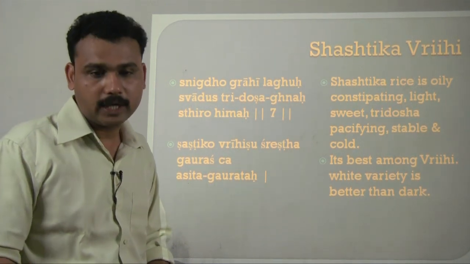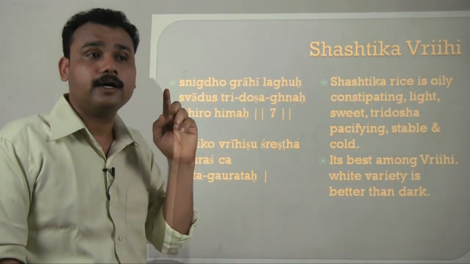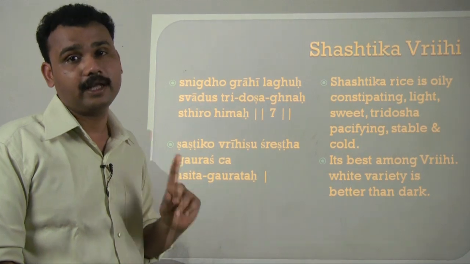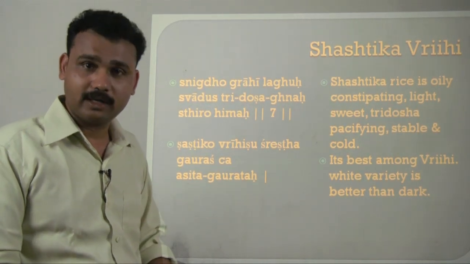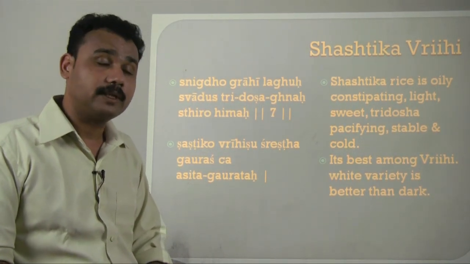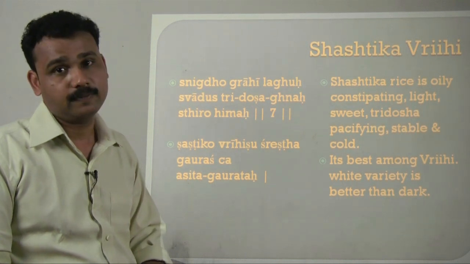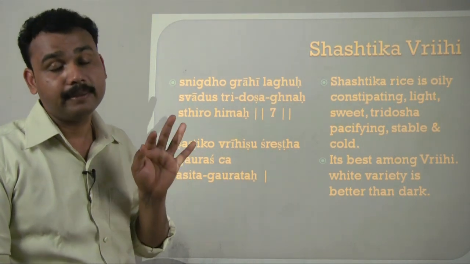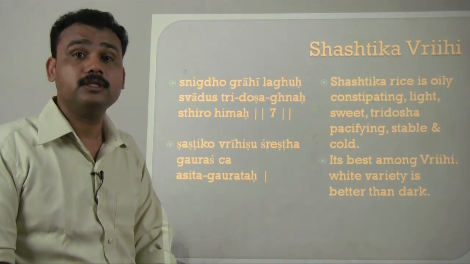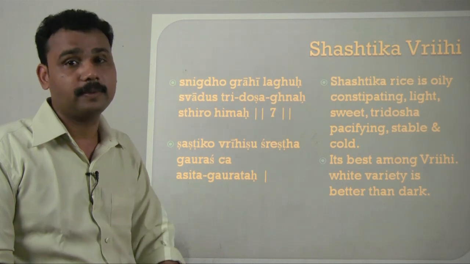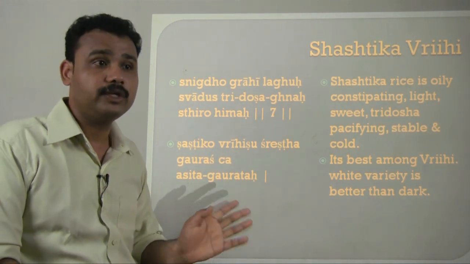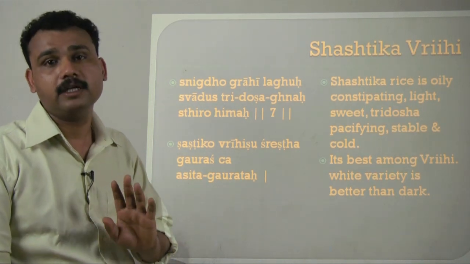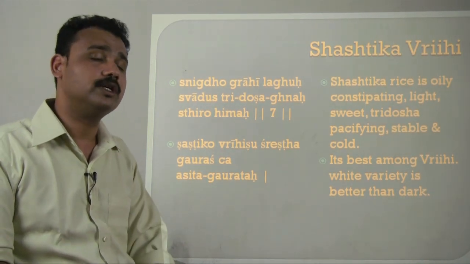And let us look at this sutra from Ashtanga Hridaya, because this specific variety, fortunately, we are able to preserve, and it is still available, and it is highly medicinal. This is usually used only for medicinal purposes. Even though it is pathya, it is very expensive, so it's not usually used every day.